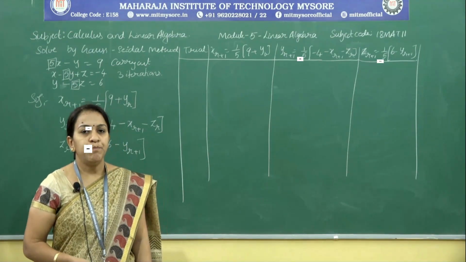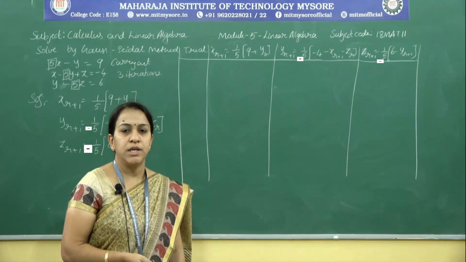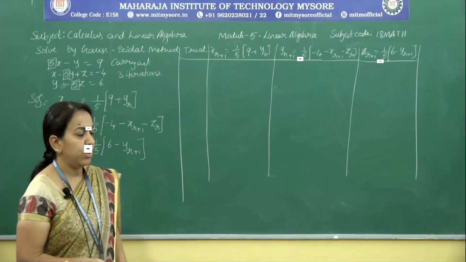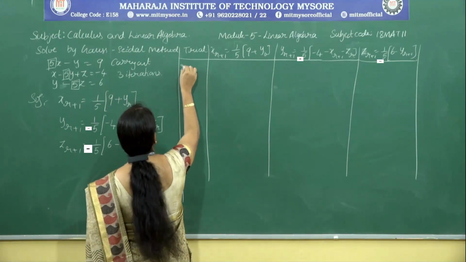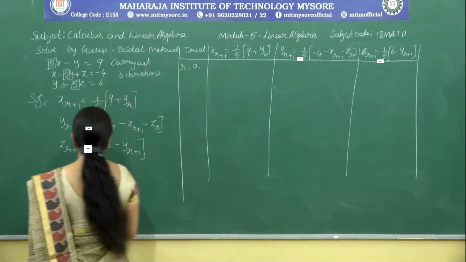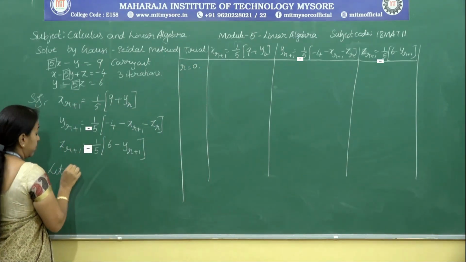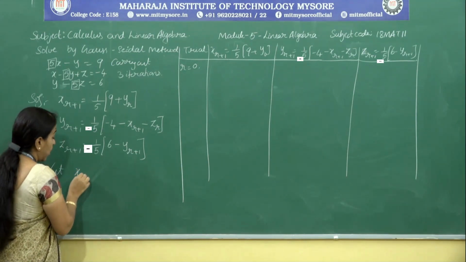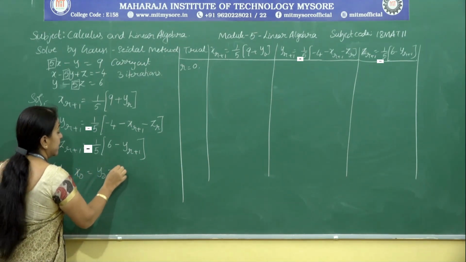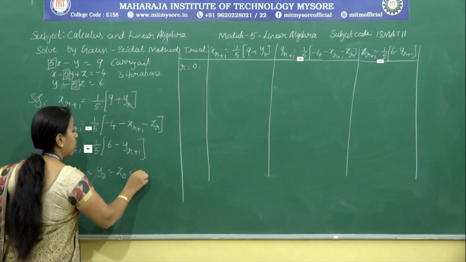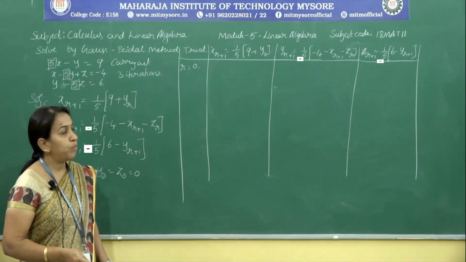Yes, our table is ready. Now let me substitute the trials with r equal to 0, 1, 2, 3. So if I put r equal to 0, of course I have to consider the initial condition, right? Let x naught, y naught and z naught be the same in all the problems, it is 0.